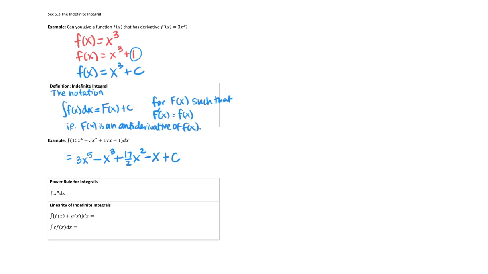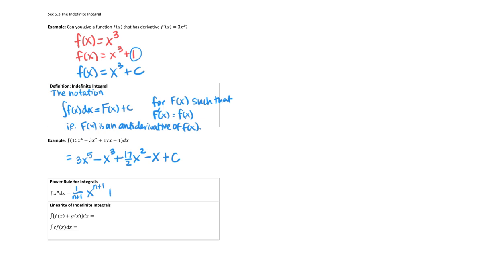Okay, so then I want the power rule for integrals. So we were just kind of talking about that. I know that the power of x is going to go up by 1, because when I take the derivative, the power goes down 1. And then the coefficient is going to be 1 over n plus 1, because when I bring that n plus 1 power down, I need it to have something to cancel with, so that I end up getting just a plain x to the n in front.